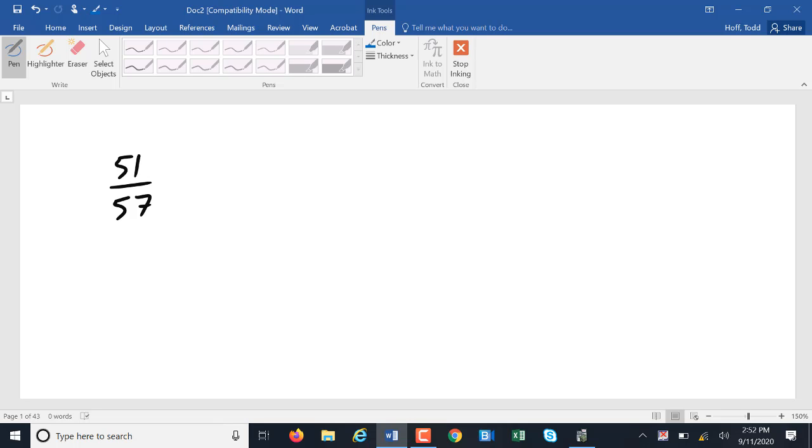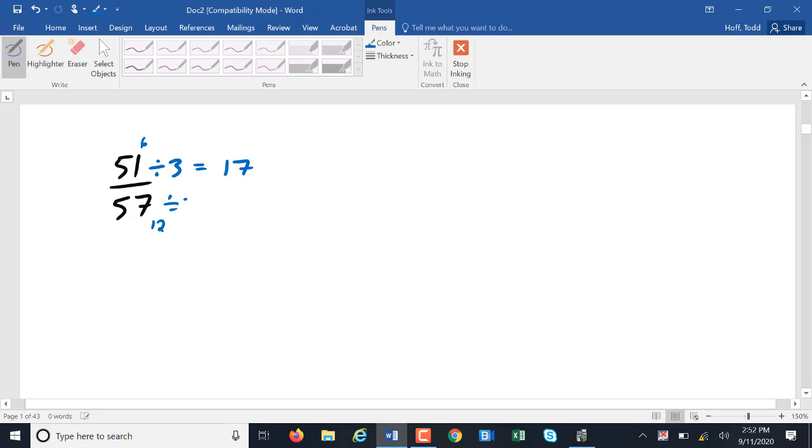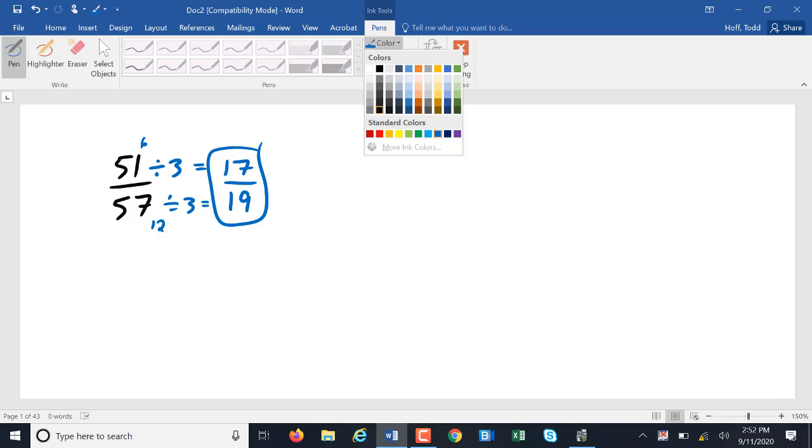There's 3, yeah. 5 plus 1 is 6. 5 plus 7 is 12. Those are both divisible by 3. 51 divided by 3 is 17. And 57 divided by 3 is 19. So that reduces to 17 over 19.